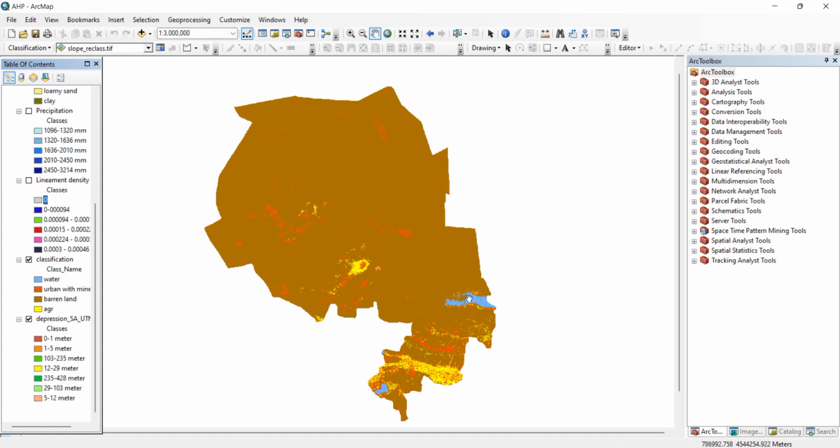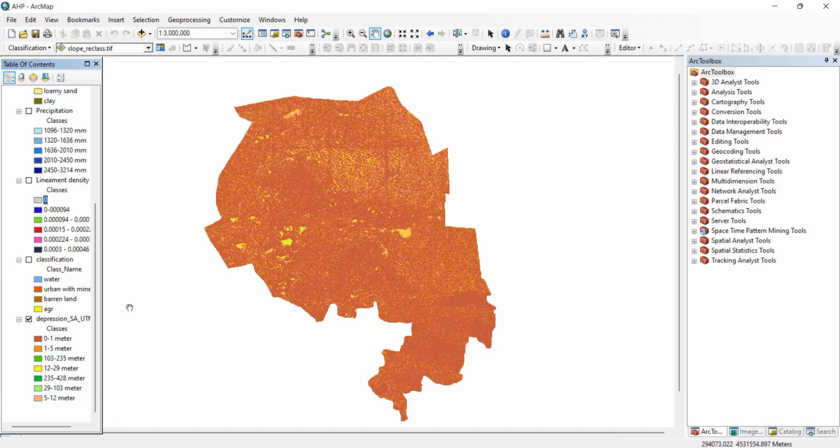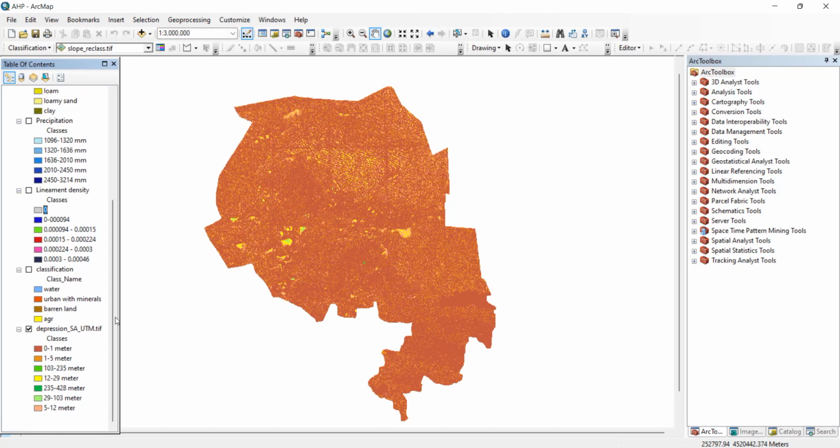The surface of the water body was covered by sand, and ArcGIS classified this as partially sand. And the last layer is the depression zone.